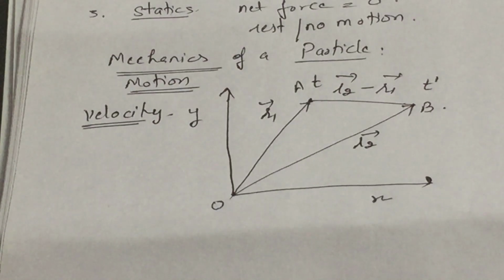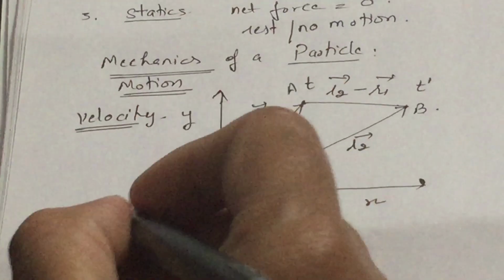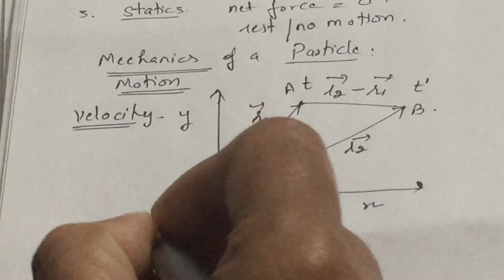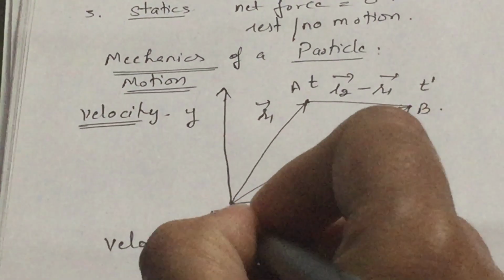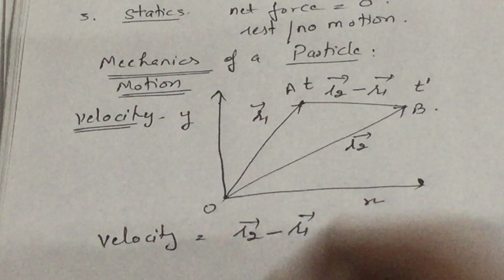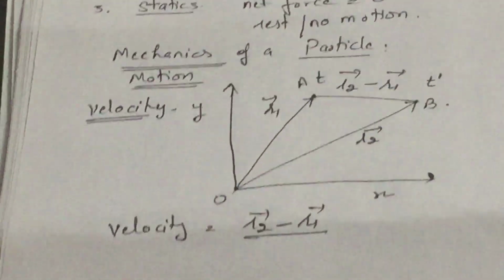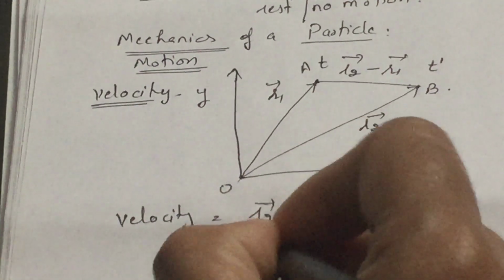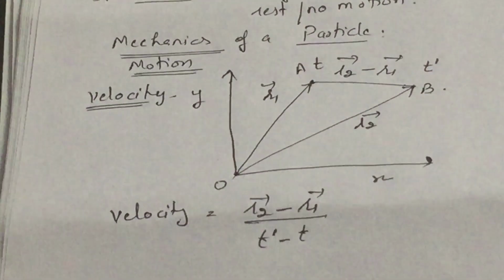Then how will we give the velocity of the particle? The velocity of the particle is given by r2 minus r1, divided by t dash minus t.